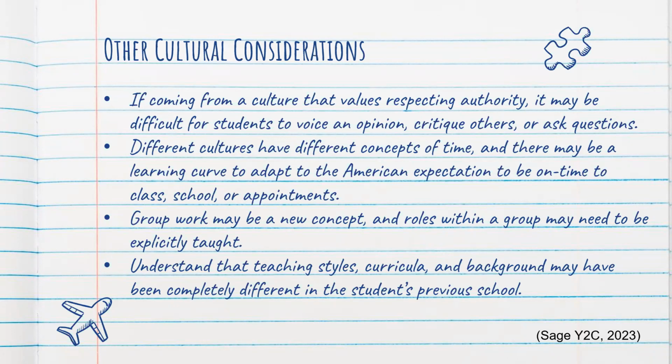So those students may find it very difficult to say what their opinion is, or critique others' work, or even ask questions. So understanding the other cultures would be one way that you would need to understand.